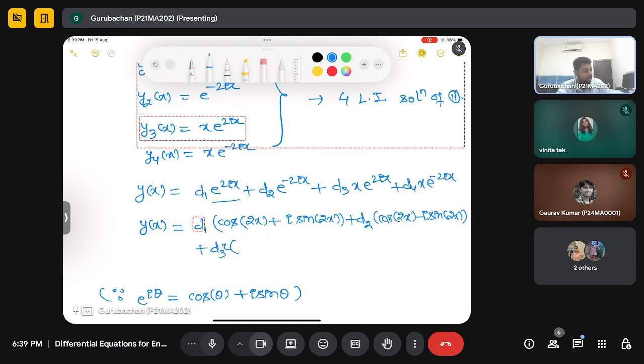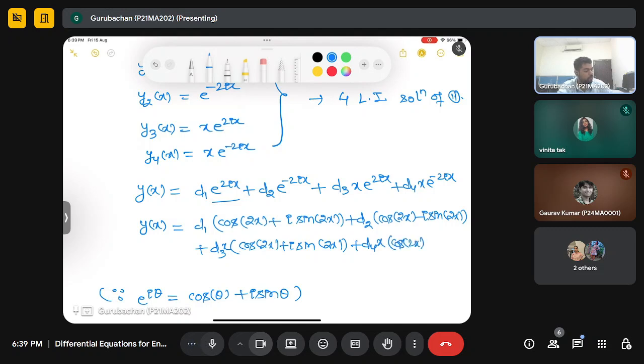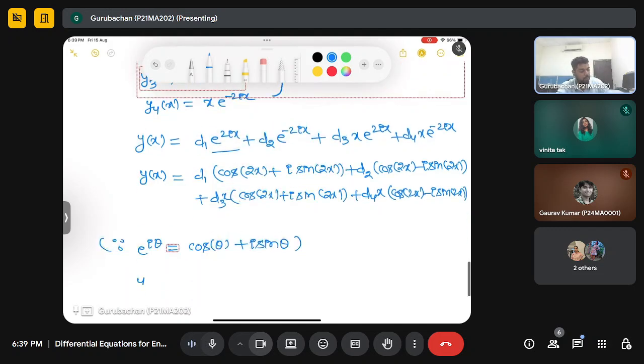So d3 times x (cos 2x + i sin 2x), and the other term is d4 times x (cos 2x - i sin 2x). From here we can combine the terms of cos 2x, sin 2x, x cos 2x and x sin 2x.